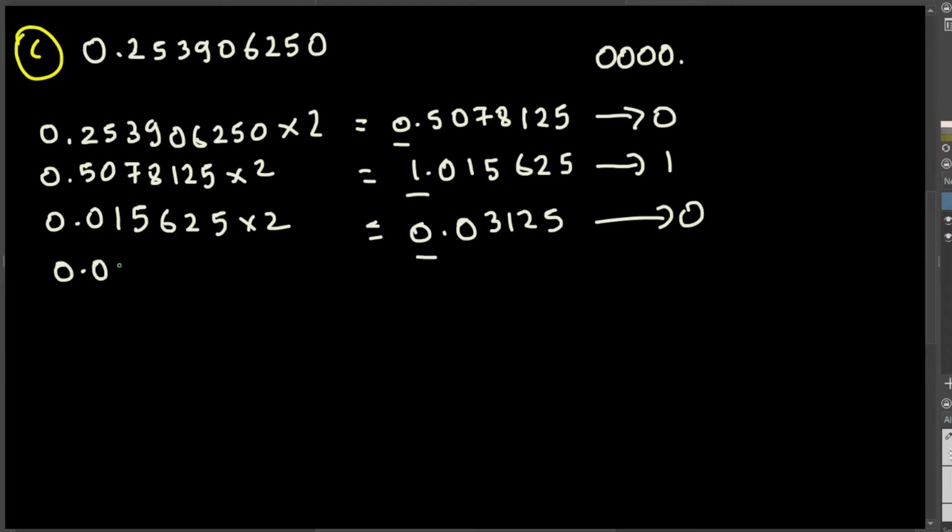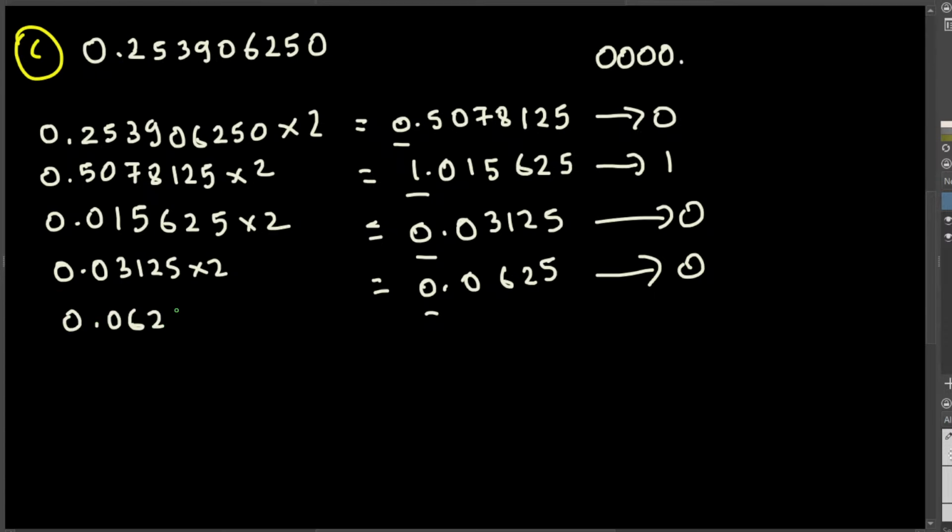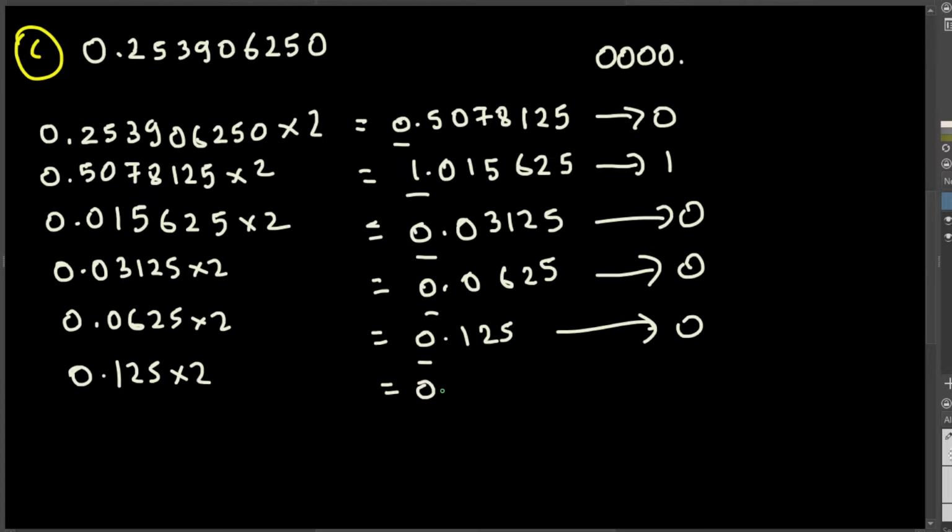And 0.03125 multiplied by 2 gives us 0.0625. Here we have 0. 0.0625 multiplied by 2 gives us 0.125. Again, here we have 0. Then 0.125 multiplied by 2 is 0.250, and here we have 0.